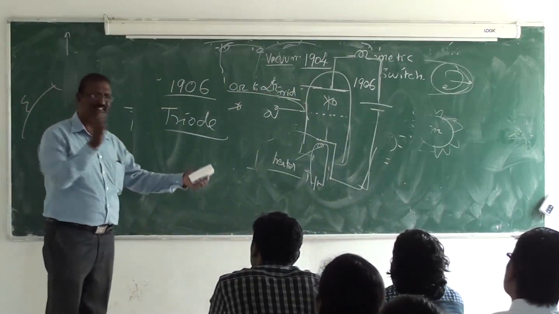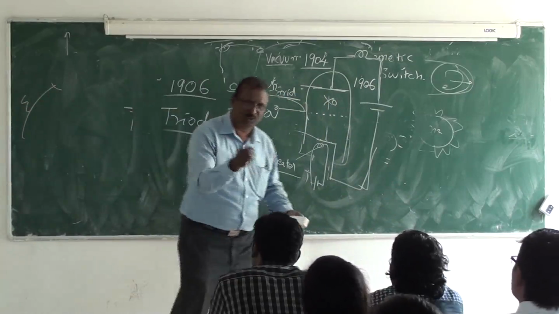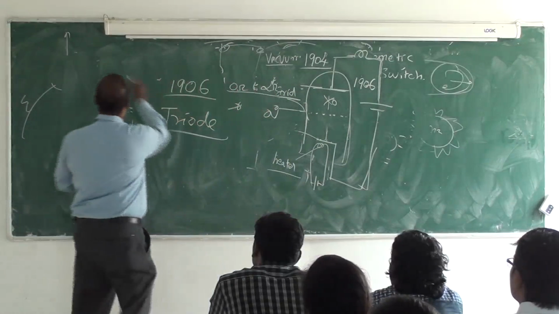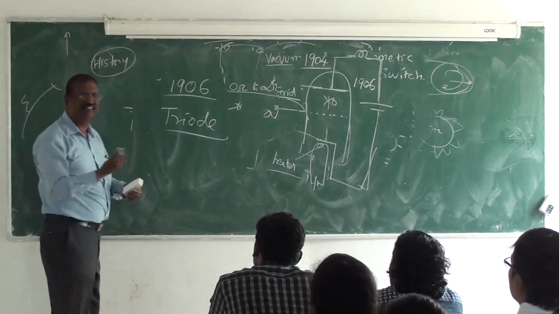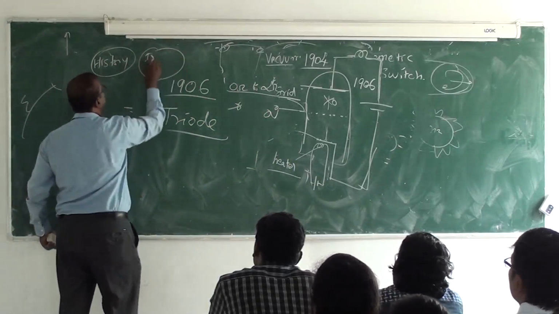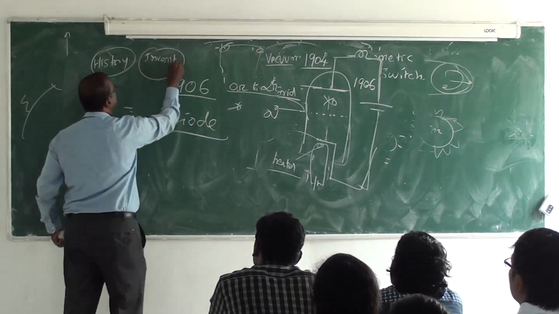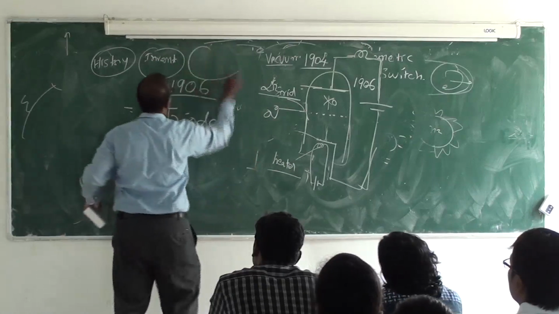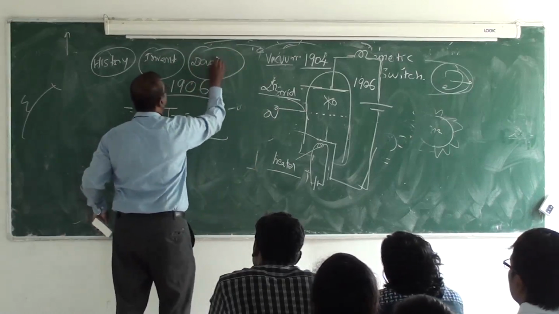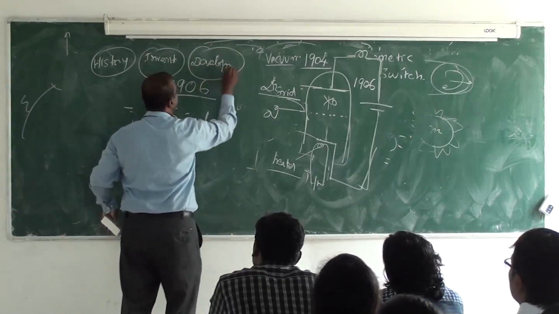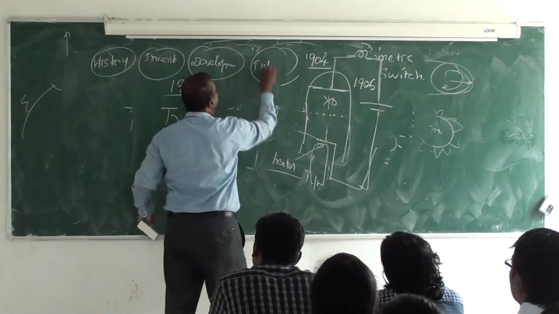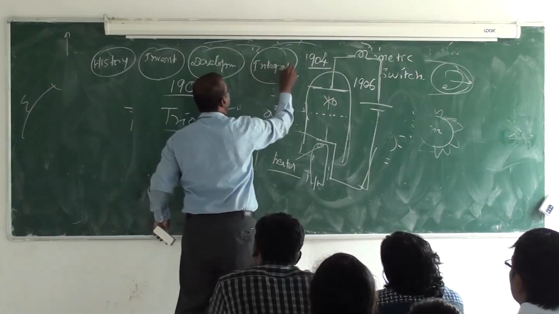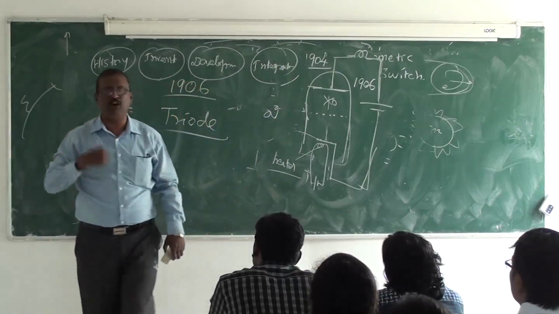So we enthusiasts should know, you can divide the whole of electronics into four. First one is called history. Second one is called invention. Third one is called development. Fourth one is called integration. So I was living in the forest.